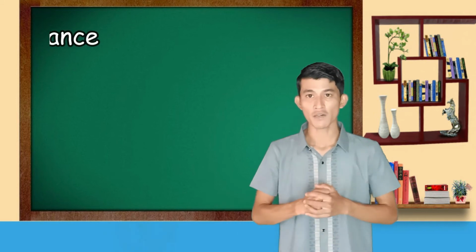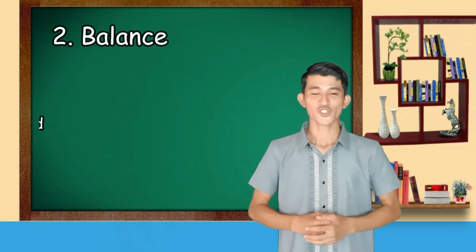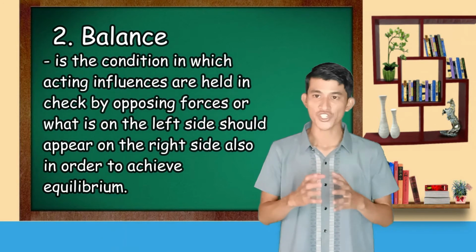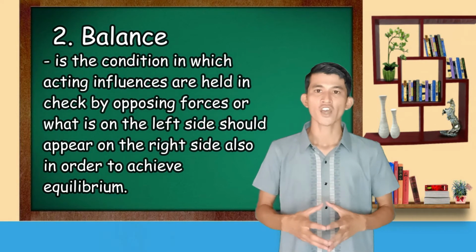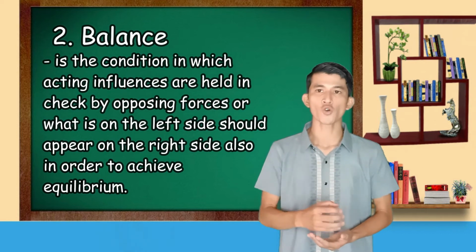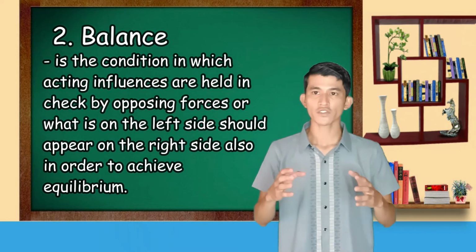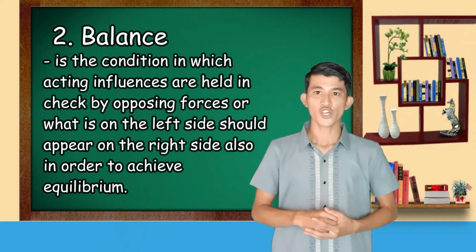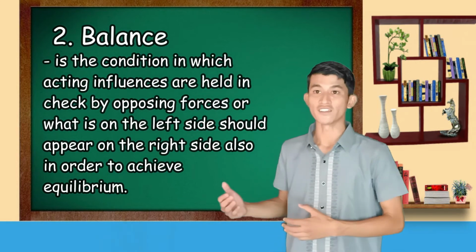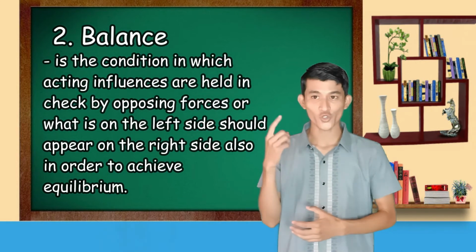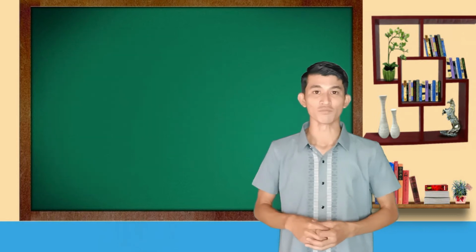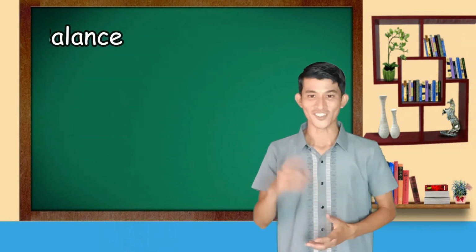Number 2, we have balance. So balance is the condition in which acting influences are held in check by opposing forces, or what is on the left side should appear on the right side, also in order to achieve equilibrium. Am I correct? Yes.